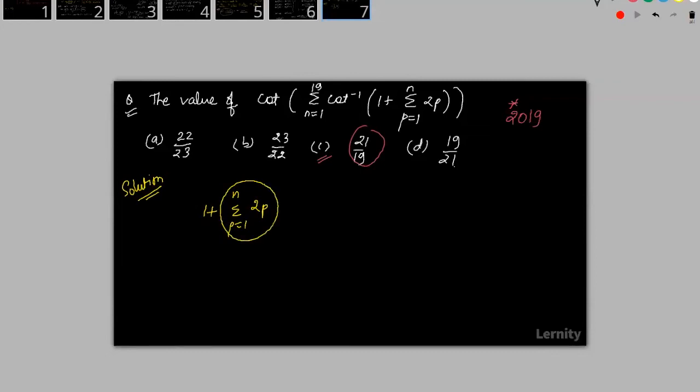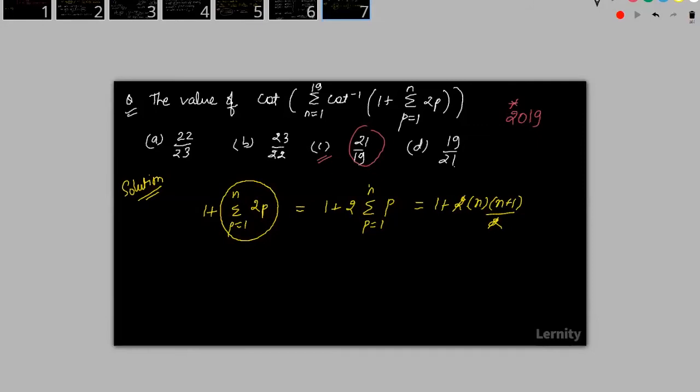This is nothing but 2 into the summation of first n natural numbers. So I can write this as 1 plus 2 into sigma of P equals 1 to N. This is the summation of first n natural numbers, which is 1 plus 2 into n into n plus 1 by 2. So this becomes 1 plus n into n plus 1.